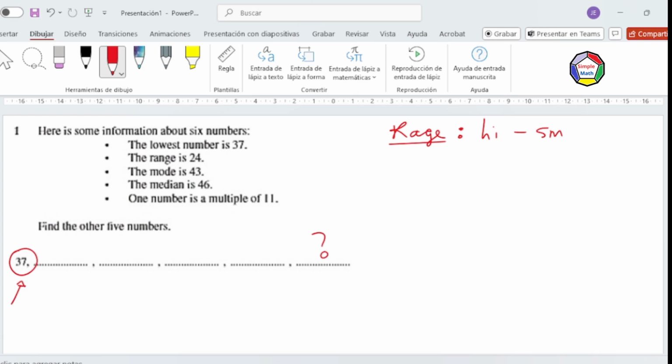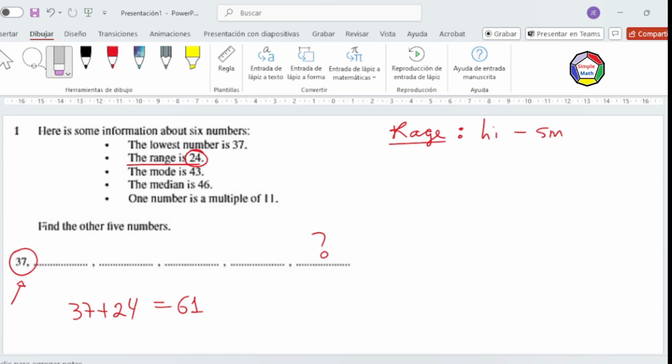We have to assume that these are in order, right? So if the smallest is 37 and the range is 24, what we have to do is add 37 plus 24. That is going to give me the biggest number. In this case, it is 61.